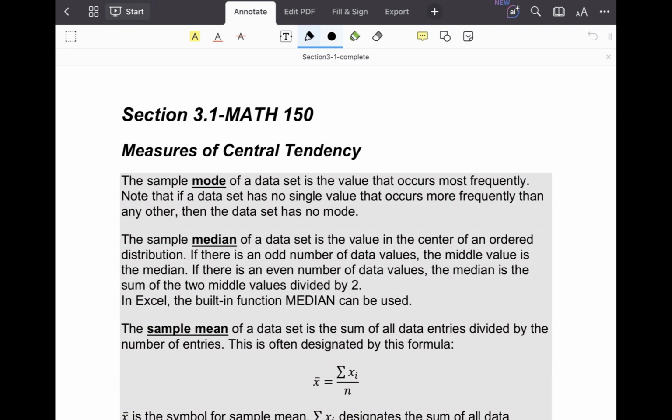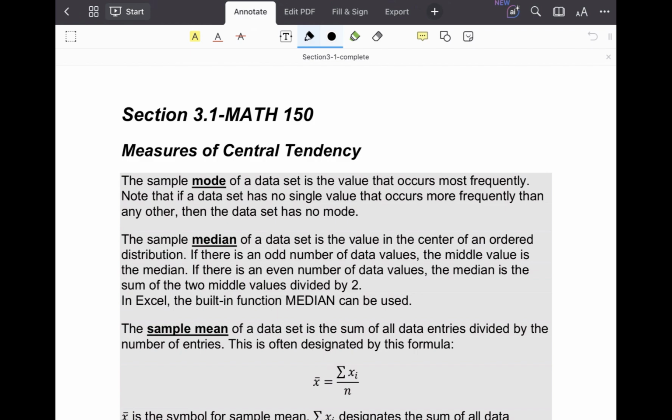Another way to put that is if there's a tie for first, then you say there's no mode. Other definitions of the mode will say there could be multiple modes. So like if there's two of them that tie for first, then there's two modes. It just depends on the definition. The definition we'll use in this book is that if there's a tie for first, then there's no mode.